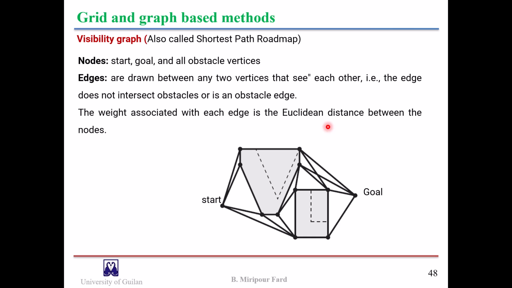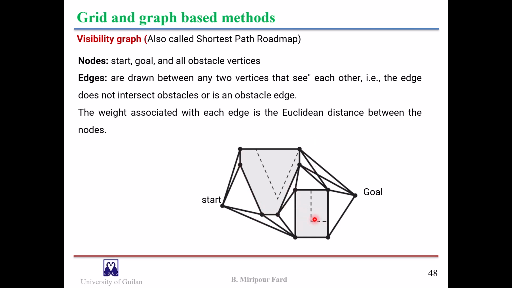Visibility graph, also called shortest path roadmap, is obtained with assuming polygonal obstacles in C space. The visibility graph connects all nodes that can see each other. Nodes include start, goal, and all obstacle vertices, as you can see here in this figure.